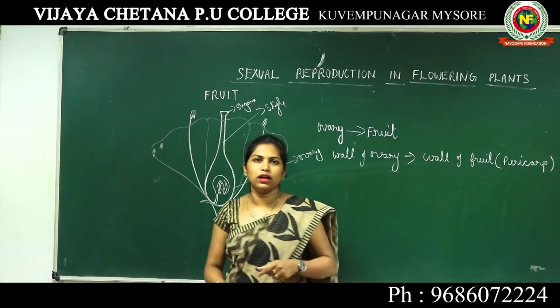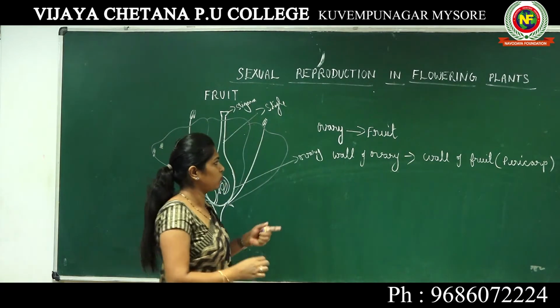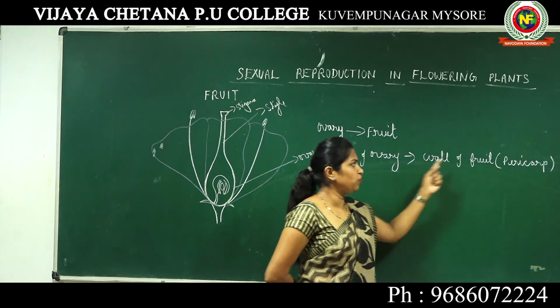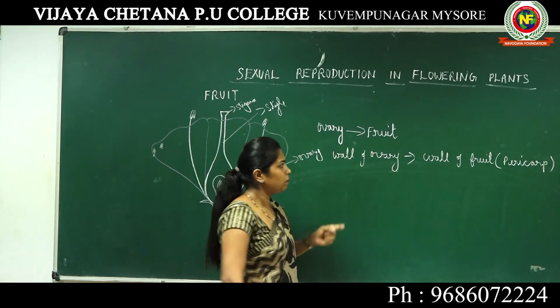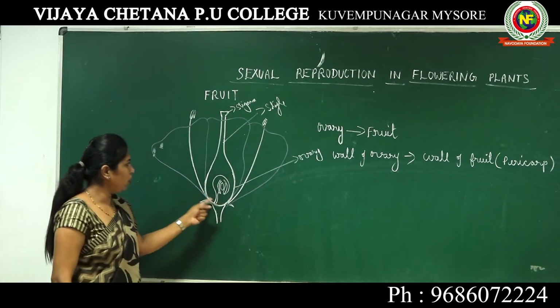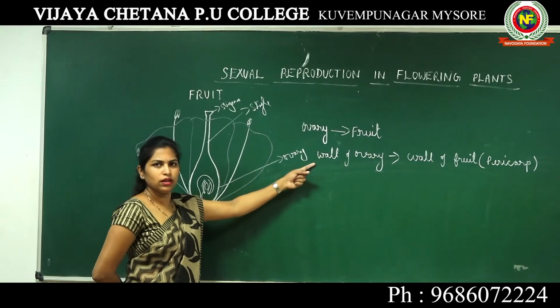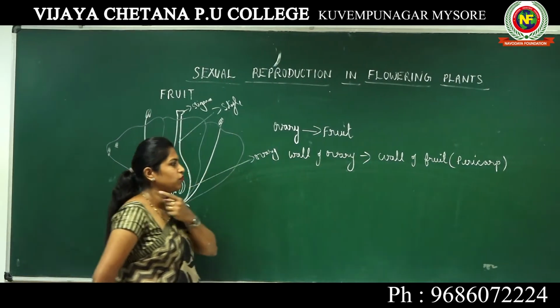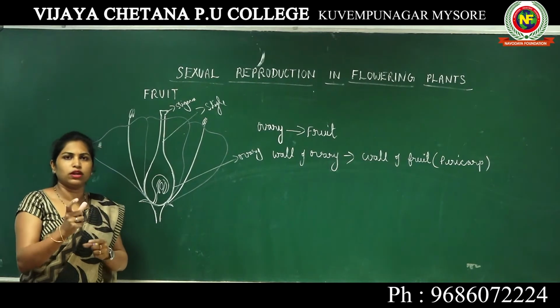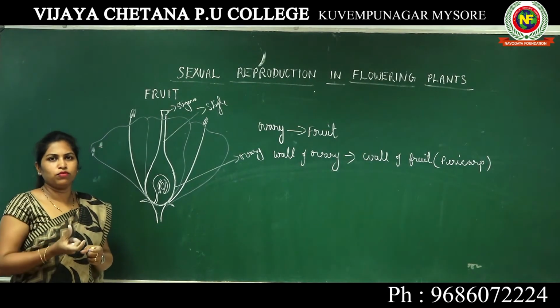For 1 mark, they will ask you what a pericarp is. You have to write: the wall of the fruit, or the outermost layer of a fruit, is known as pericarp, which is obtained from the wall of the ovary. The outermost part of the fruit that you touch is known as pericarp.